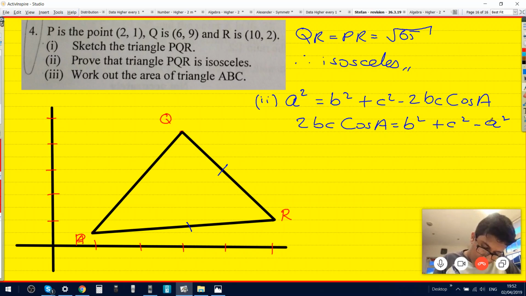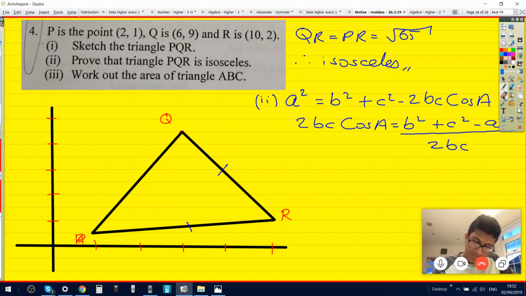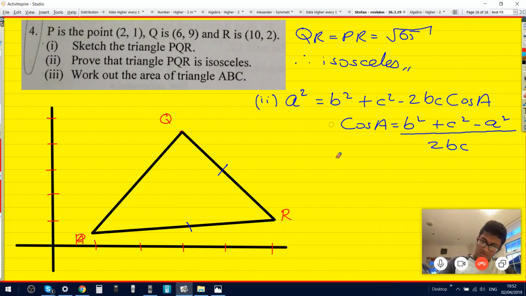And we can say that A equals the cos to the minus 1 of this answer, which is cos to the minus 1 of A, B, and C.